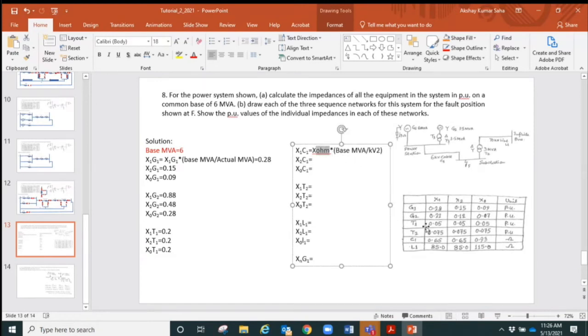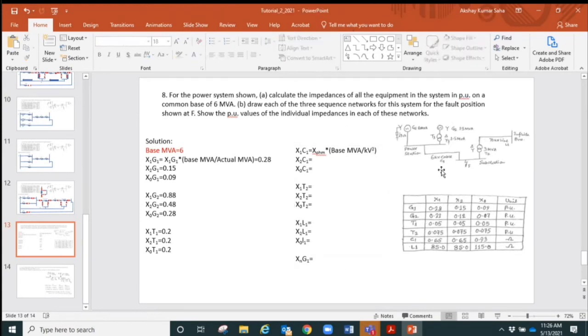X in ohm is given in this case. Base MVA we know, and kV we need to look at, the kilovolt mentioned in the system diagram.